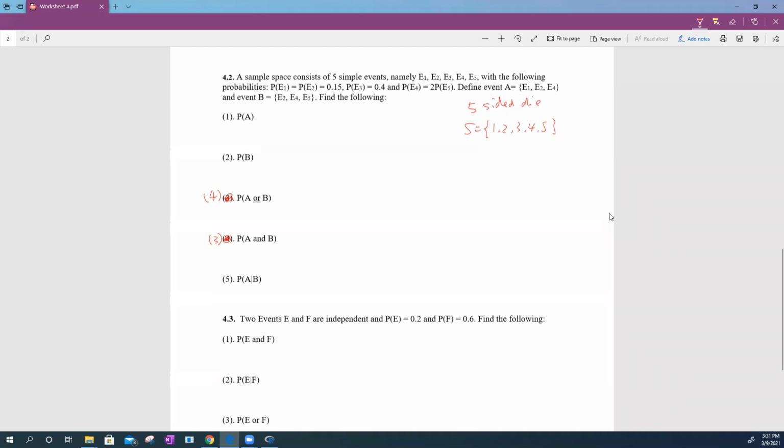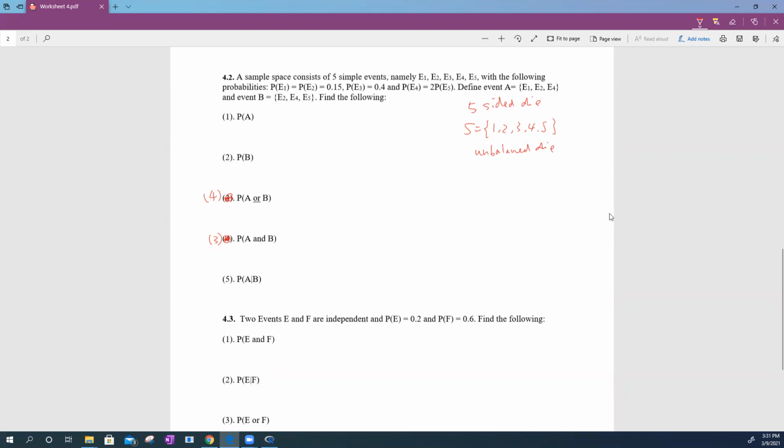And then on top of that, another piece of information is that it's not balanced, it's an unbalanced die, because we have all the following probabilities. They're not the same, so it's an unbalanced die. So you have a 15% chance to see the value 1 and 2.